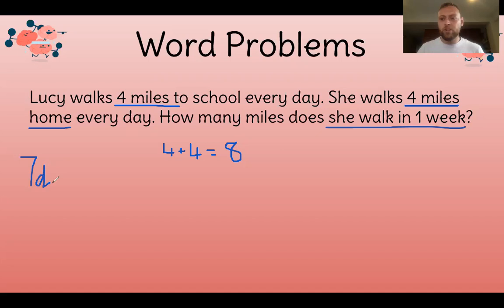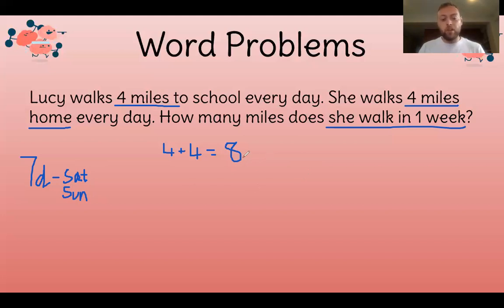But do we go to school on Saturday and Sunday? No. So we're going to take away Saturday and we're going to take away Sunday, which means how many days? 5. 5 working days, 5 school days.